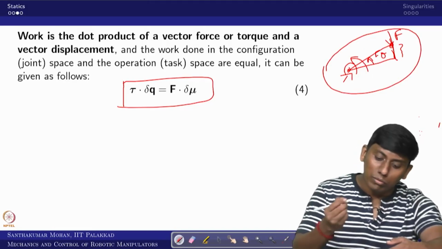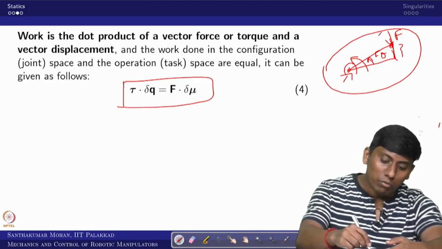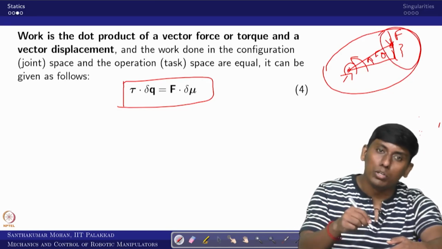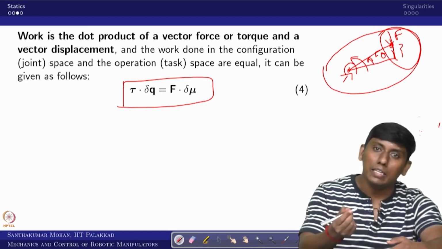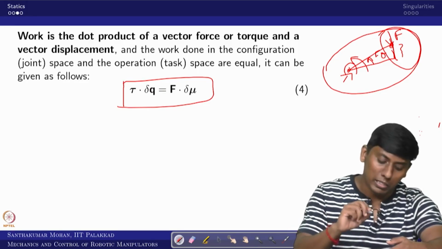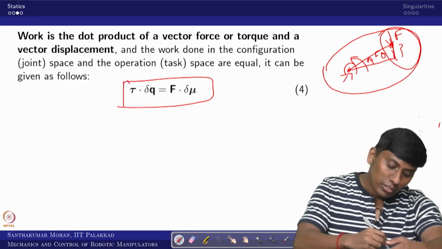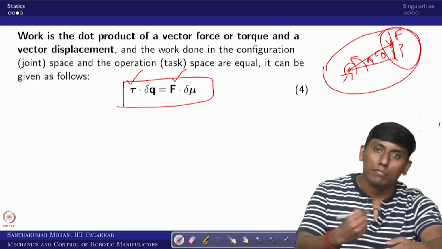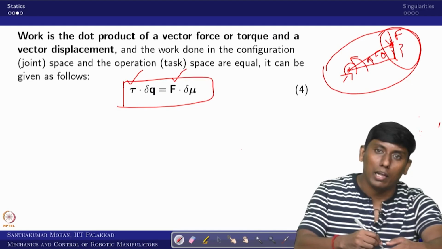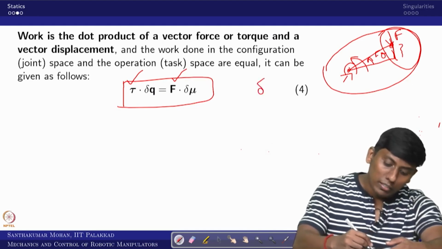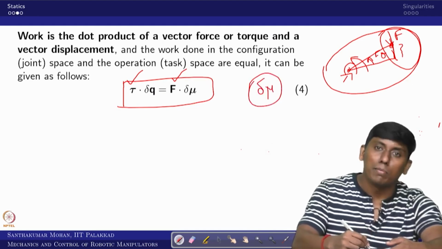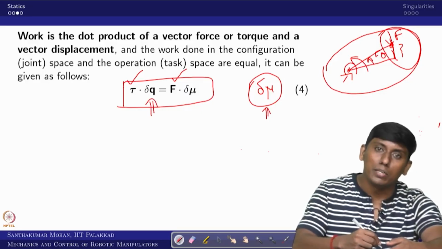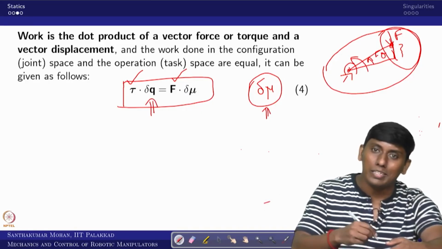But we can write it the other way around: whatever work is done at the end effector level is supposed to be equal to the work at the configuration or joint space level. If that is the case, the joint space torque vector is written as tau, the end effector force and moment is written as capital F, delta mu is the change in displacement in the mu vector, and delta q is the change in displacement in the joint space, or joint angles.